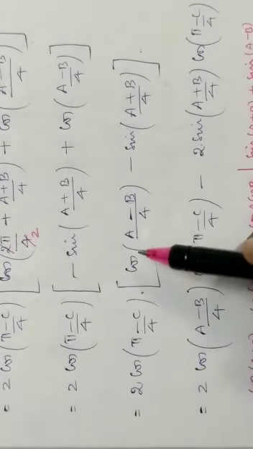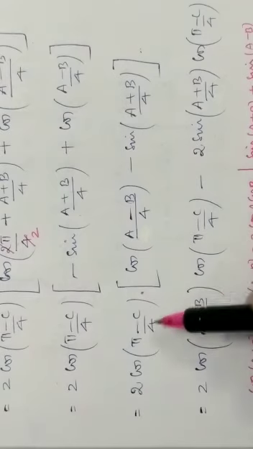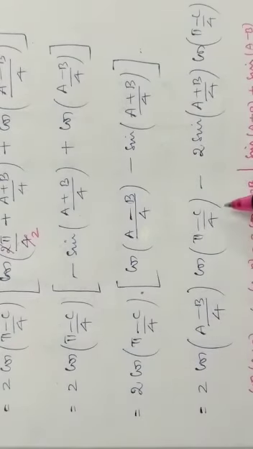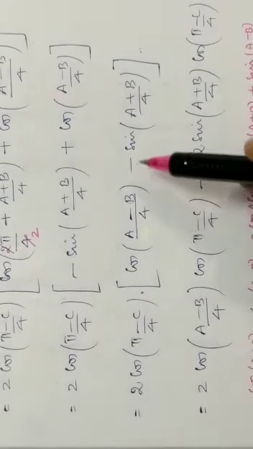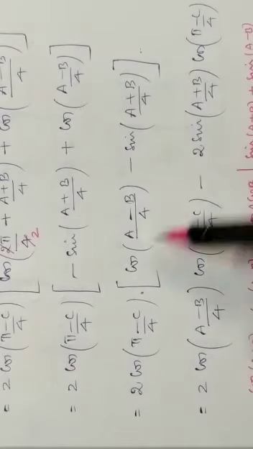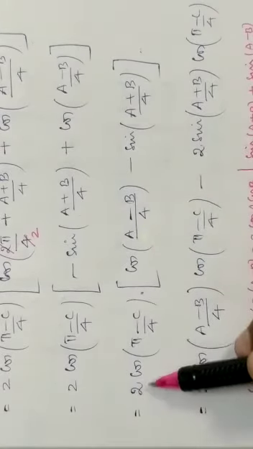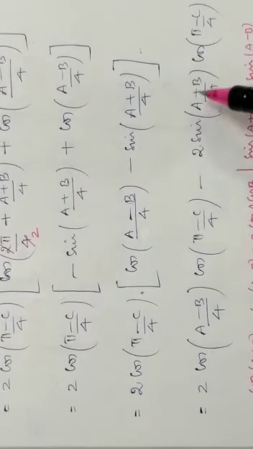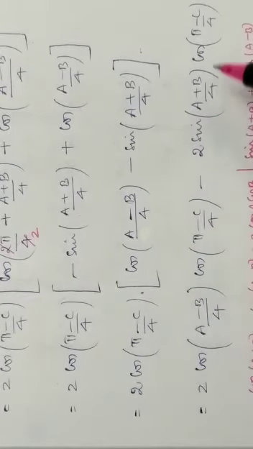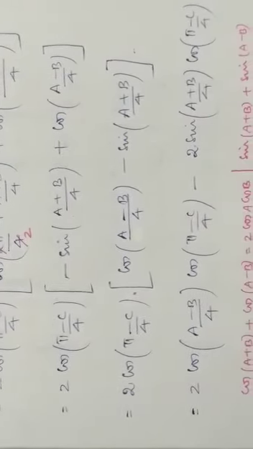So 2 cos((A - B)/4) into cos((pi - C)/4), plus into minus, minus 2 sin((A + B)/4) into cos((pi - C)/4).